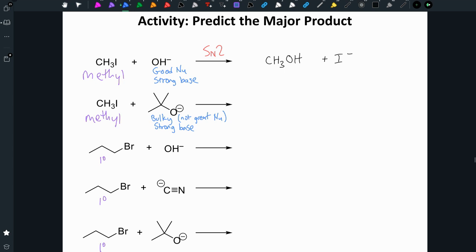But notice, for E2 to happen, there needs to be at least two carbons because I need to be able to pull a hydrogen from a neighboring carbon. When I have a methyl alkyl halide, that's not even possible. So because in this case I have a methyl halide, the only thing I'm going to be able to do is SN2. And so my most likely product would be the SN2 product.